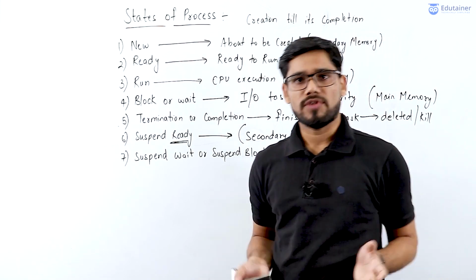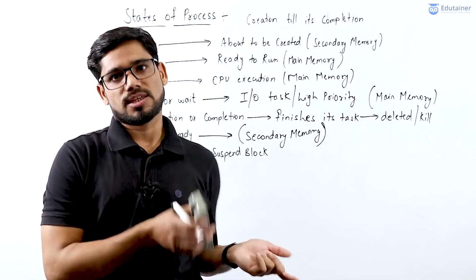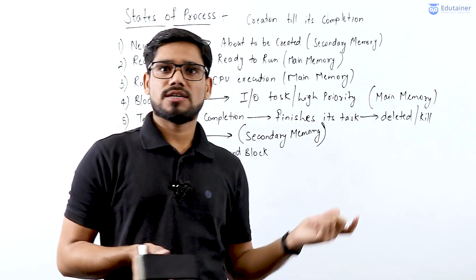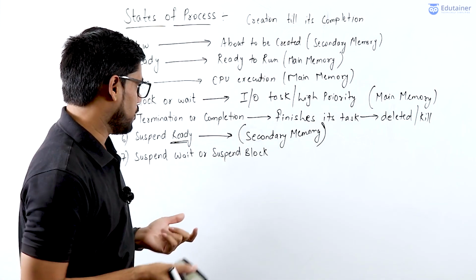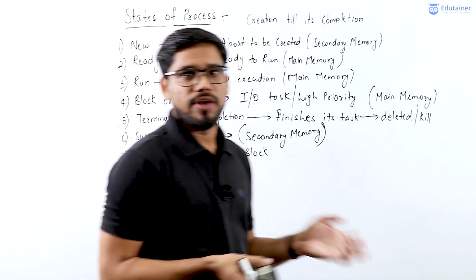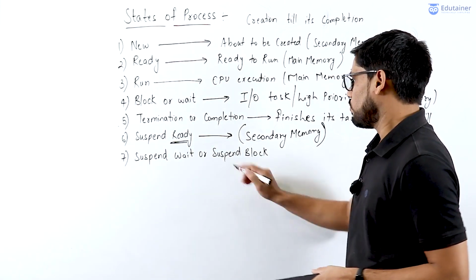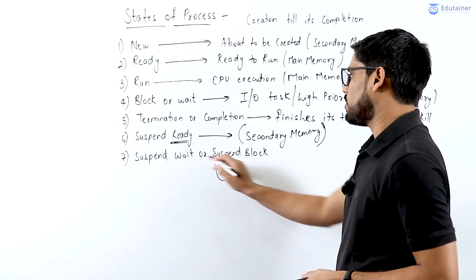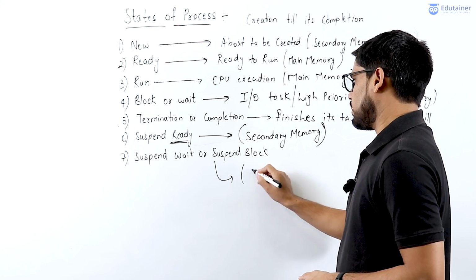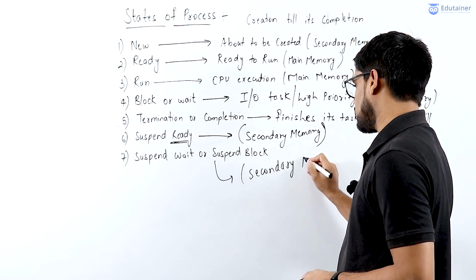But if there is no available space in the ready state, then this process will go to the suspend ready state, and the suspend ready state is present in secondary memory. Similarly, if there is no space available in the wait or block state for a process, then this process will go to suspend wait or suspend block. So it is also present in secondary memory.